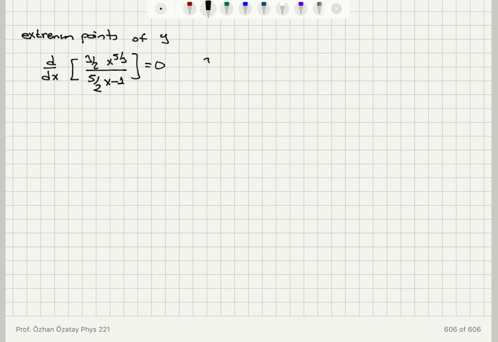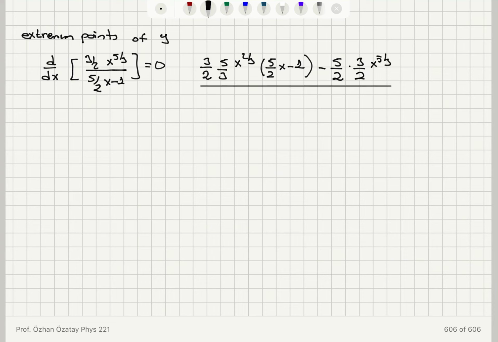So first, the derivative of the top gives me 3 over 2 times 5 over 3 x to the power 2 over 3 multiplied by the bottom, minus the derivative of the bottom, 5 over 2, multiplied by the top, 3 over 2 x to the power 5 over 3, this divided by the bottom squared, (5 over 2 x minus 1) squared, must be equal to 0.